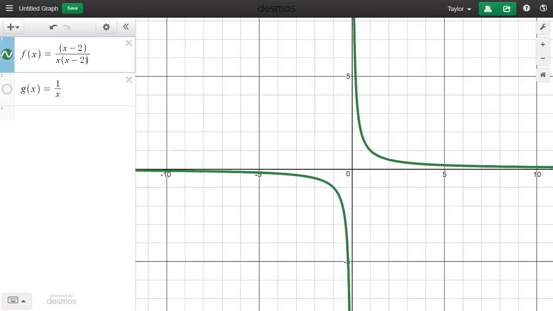Now, notice here, when we cancel off or divide out that factor of x minus 2, we are still left with this asymptote, this discontinuity at x equals 0. So we've redefined the function at f of 2, however, we're still left with this x on the bottom, so this function is still not defined at x equals 0. There's no way to remedy this situation.